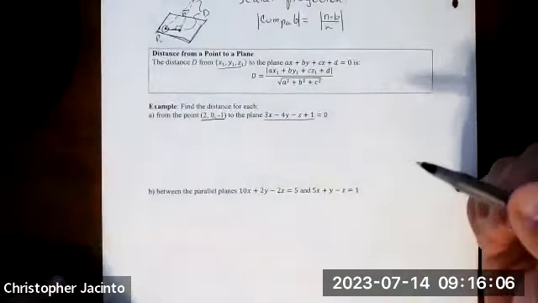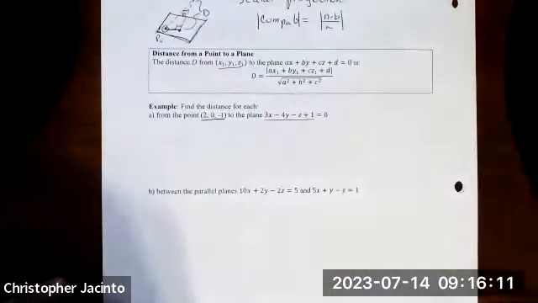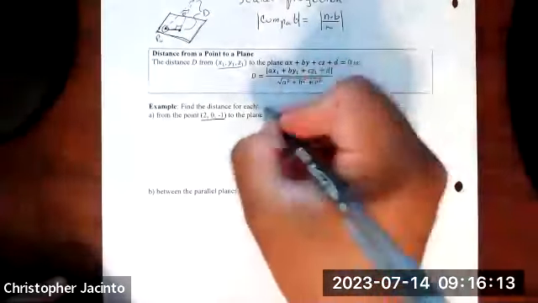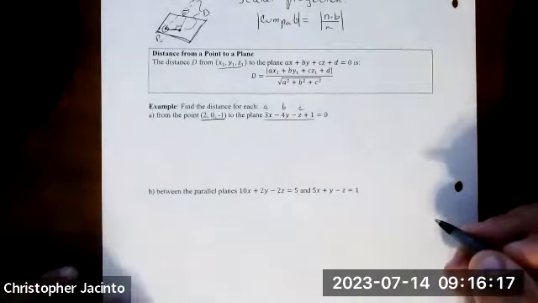So straight off what the definition represents, right? x1, y1, z1 is the point itself, and the plane is, here's my A, B, and C in my normal vector.